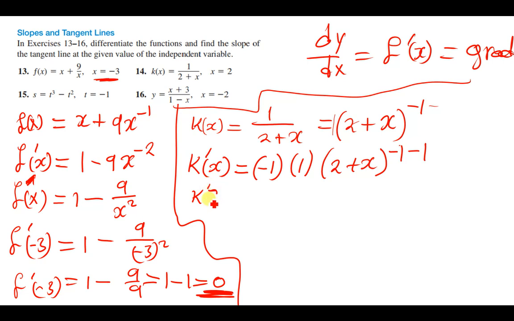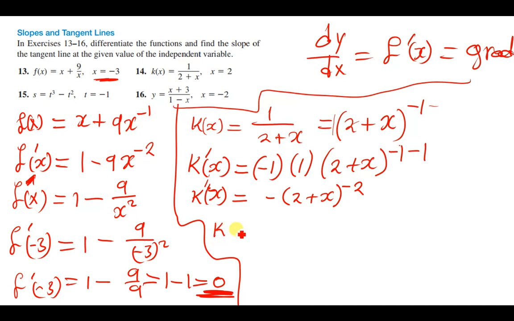So k prime of x is simply equal to negative 1 times positive 1 is negative 1, times that, so this would be 2 plus x, and of course raised to the power negative 2. So this is our gradient function.